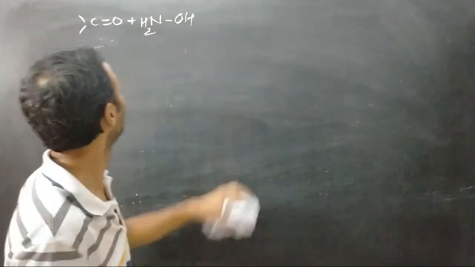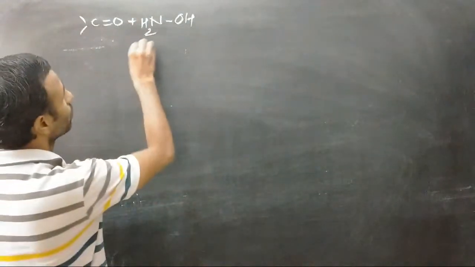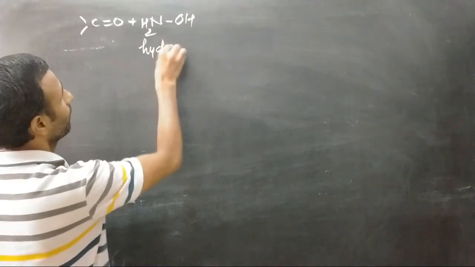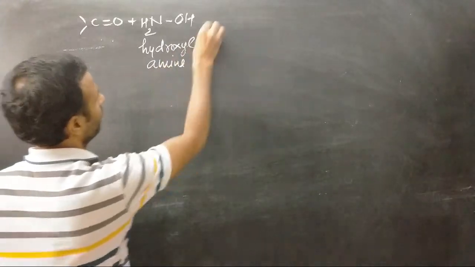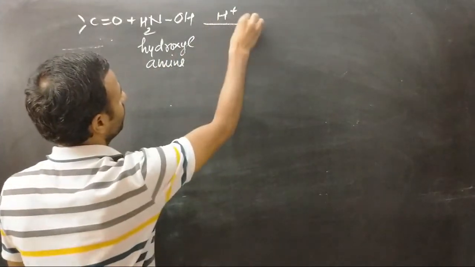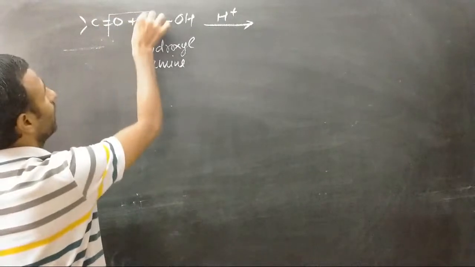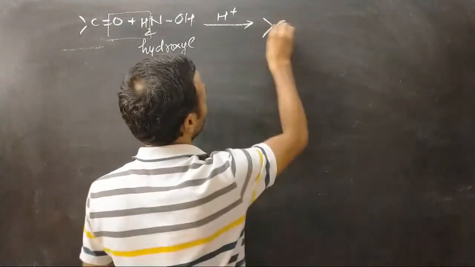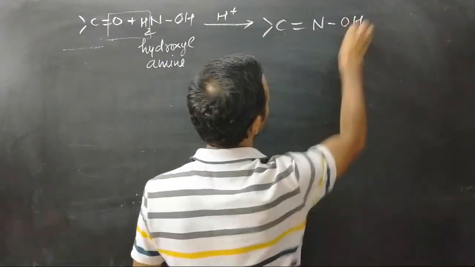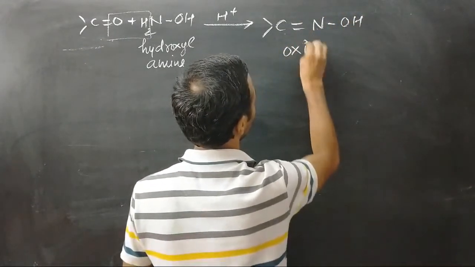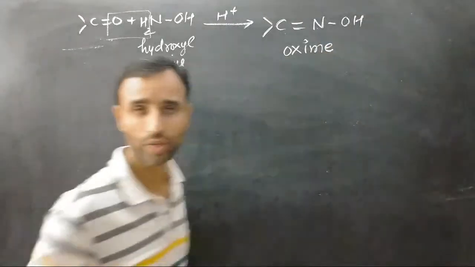Done? Now, this is hydroxylamine. In acidic medium, H2O is removed and we get C double bond N OH. That is called oxime.